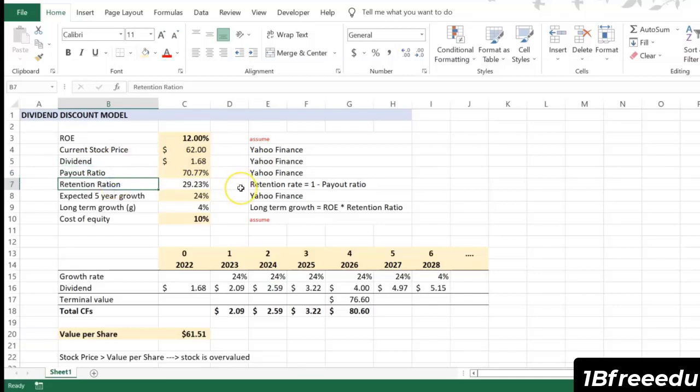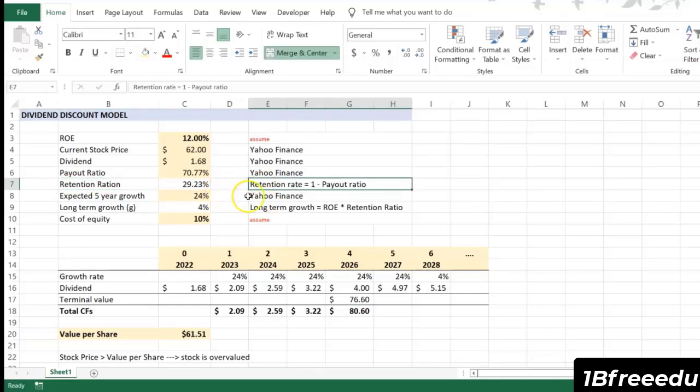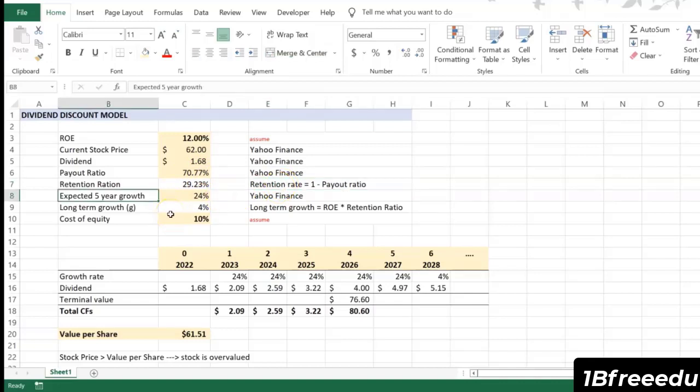70.77%. The retention ratio refers to the percentage of net income that is retained to grow the business, rather than being paid out as dividends. This is calculated by subtracting 70%, which is our payout ratio, from 100. Then we have the expected growth rate for our dividends for the next 5 years, and this is 24%.